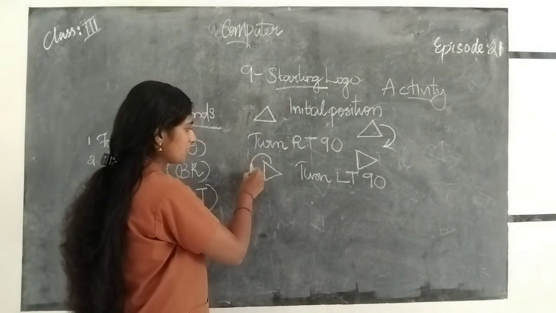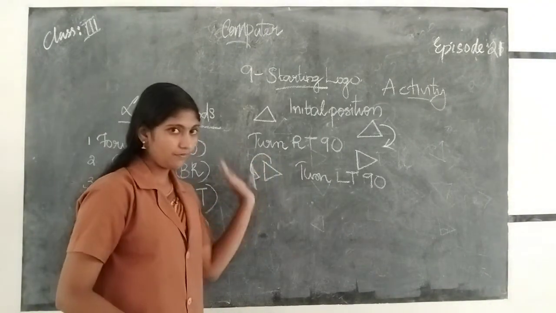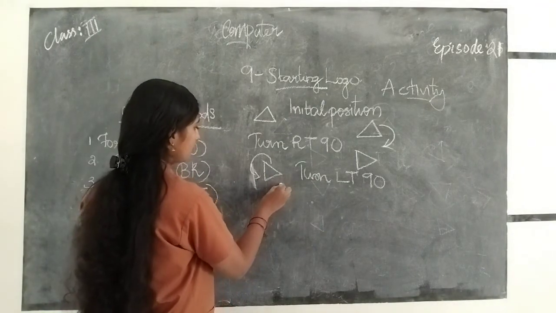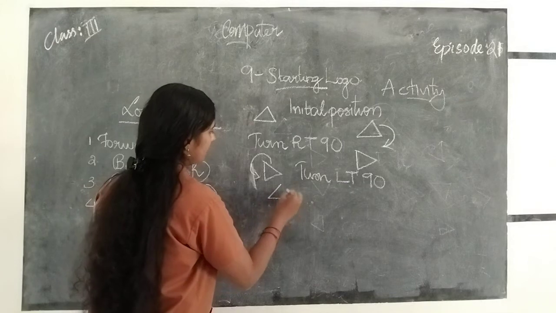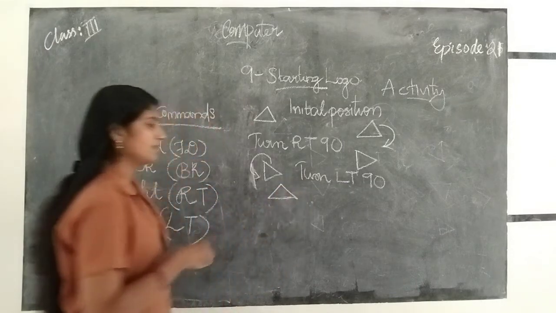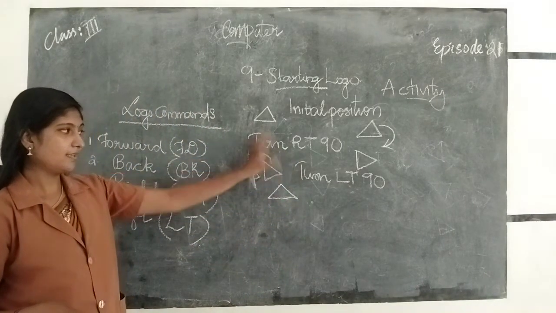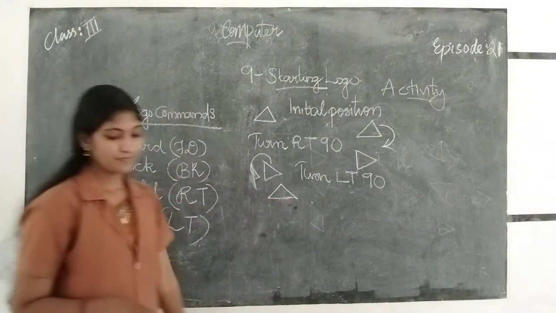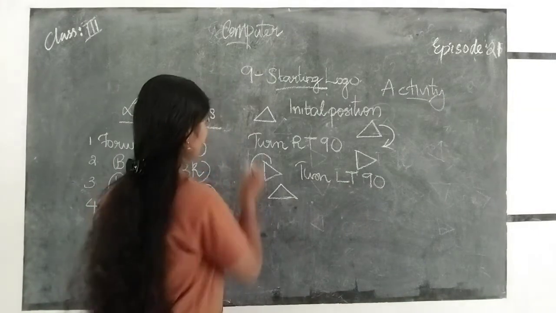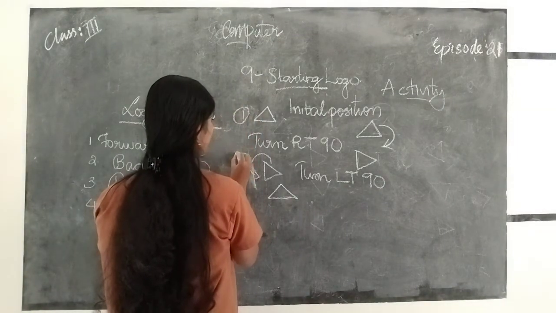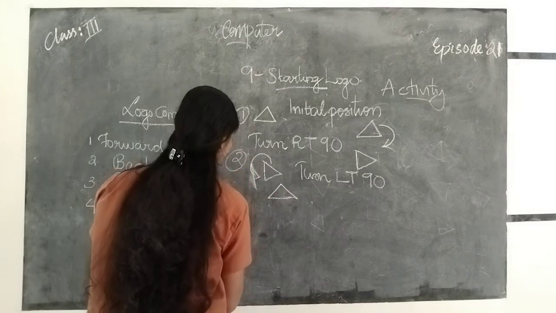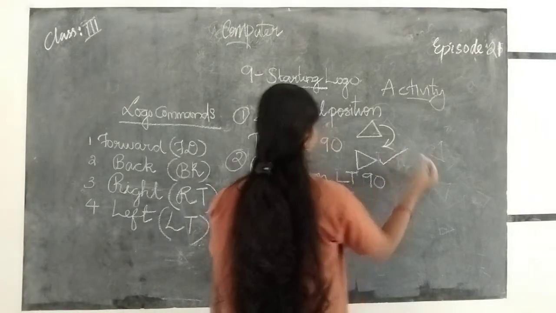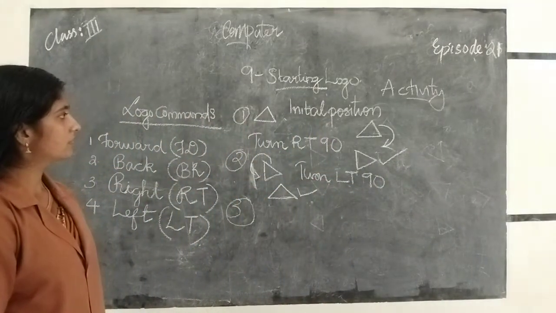We have to turn this turtle to the left direction with an angle of 90 degrees. So how does it become? So this is the final result. Then third question. This is the first one, second one.